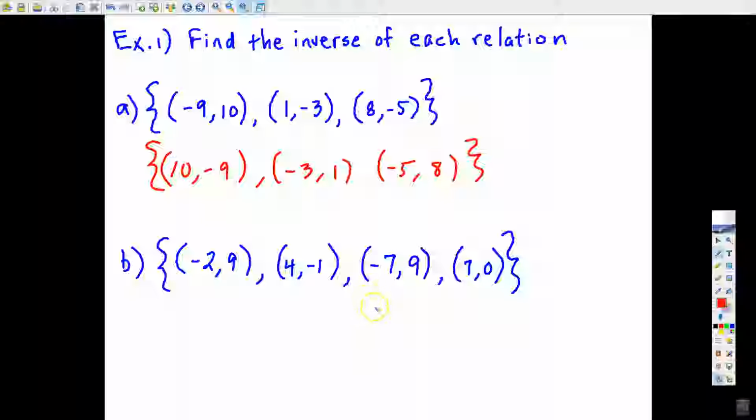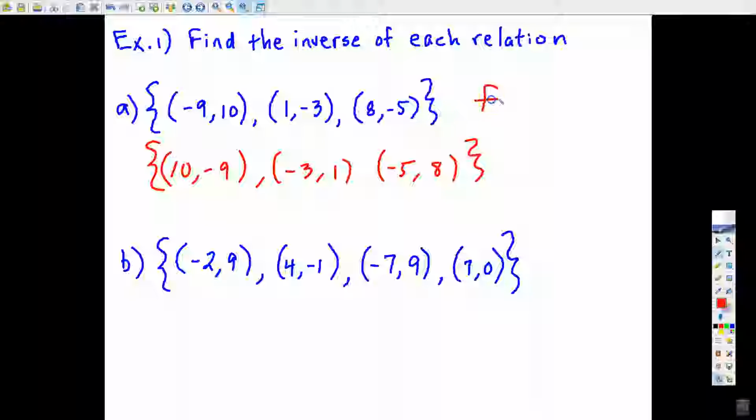So let me give you a symbol that we use to represent the inverse of a function. And I know this says it's a relation, but we could also go one more step and say the blue also represents a function because there are no repeat domain members.